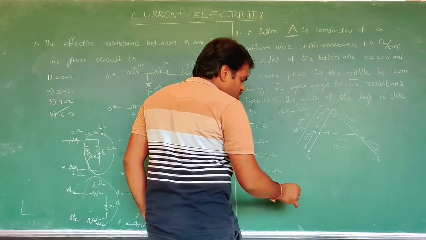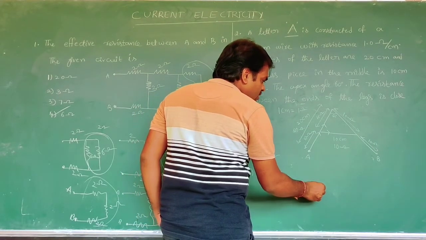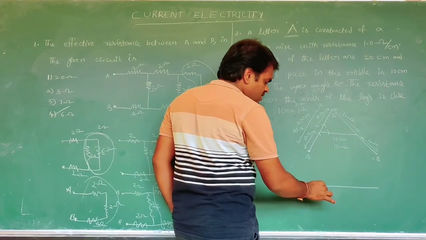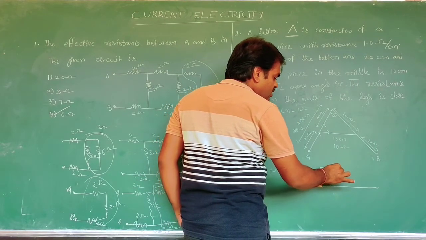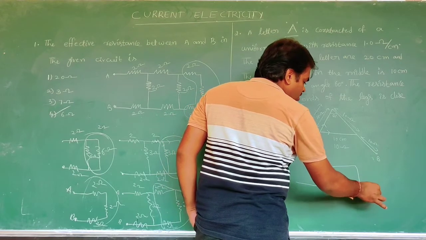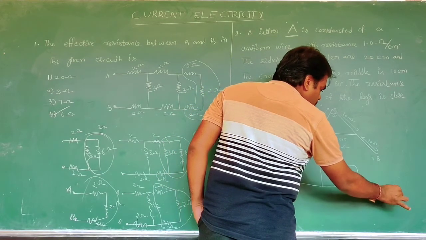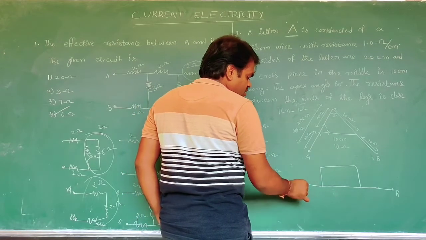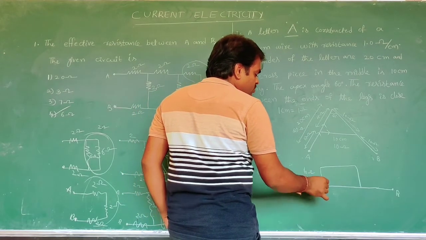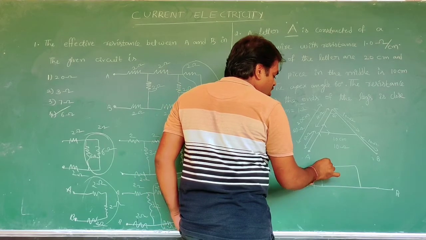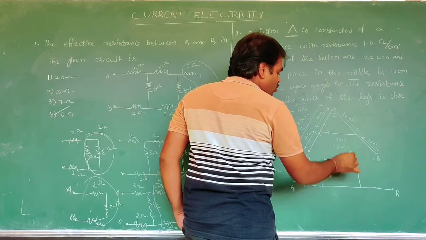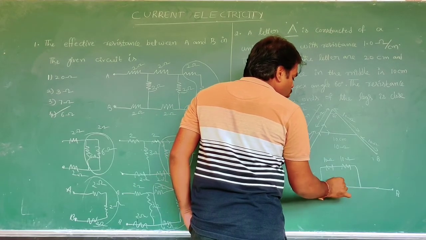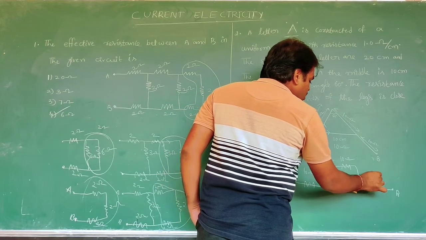Now the modified circuit, see, like this. It is the B, it is the A. Now this is 10 ohm, this is 10 ohm, here 10 ohm, this is 10 ohm, this is 10 ohm.